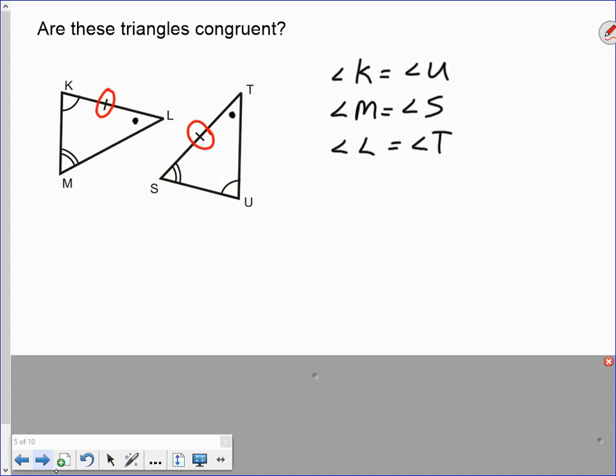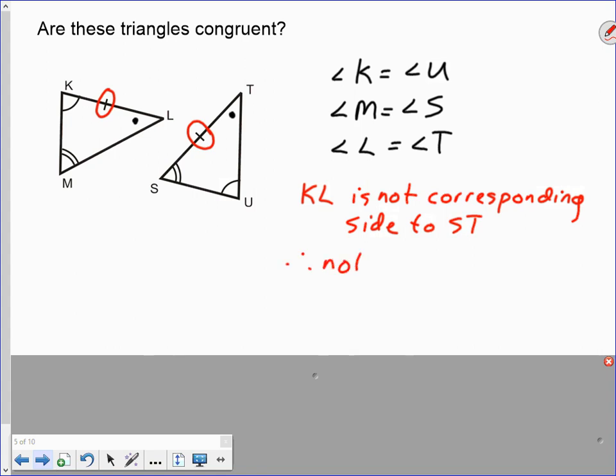So KL is not the corresponding side to ST because they go between angles that are different. So these two things are not congruent.